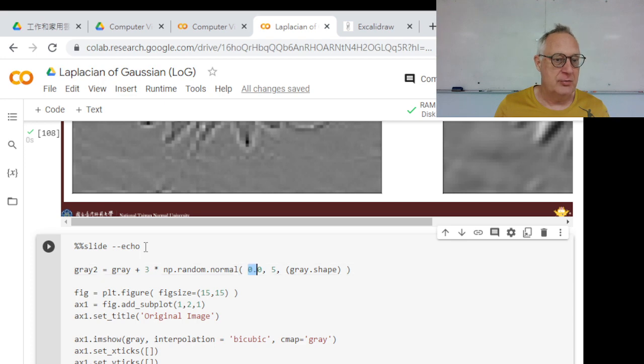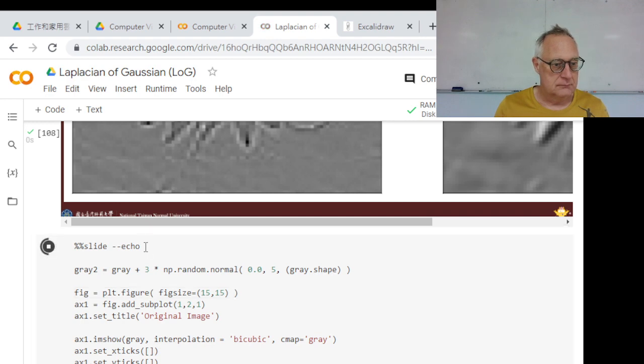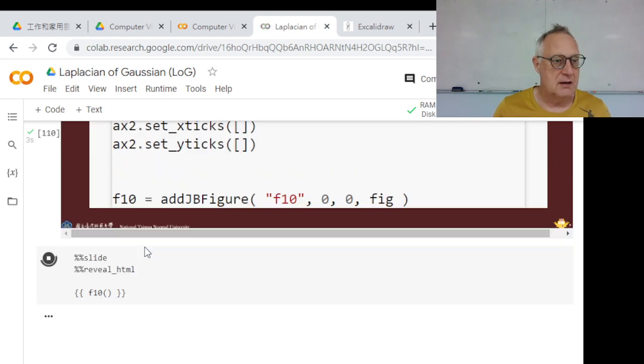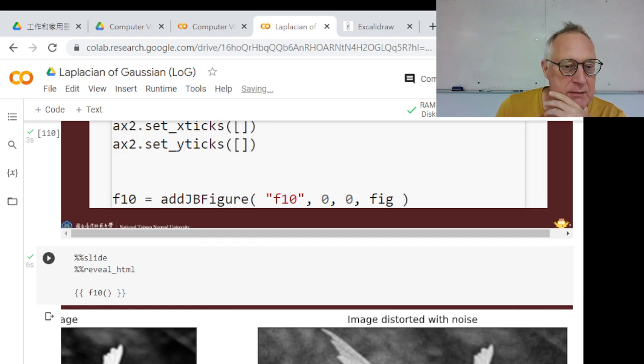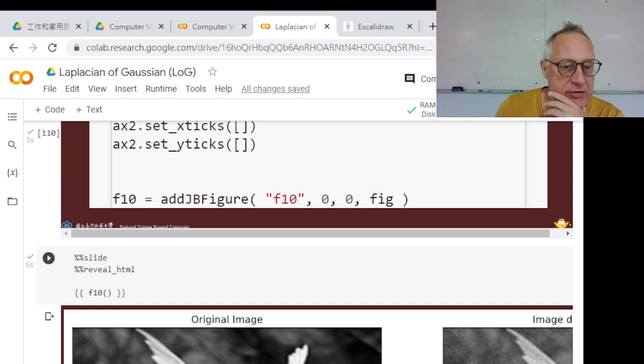It's a Gaussian noise with mean 0 and standard deviation 5. So now we can look at that image. So here's our original image, here's our image distorted by noise. And you can see that it's actually quite a bit of noise, right? You can see the random pattern in the image now here.